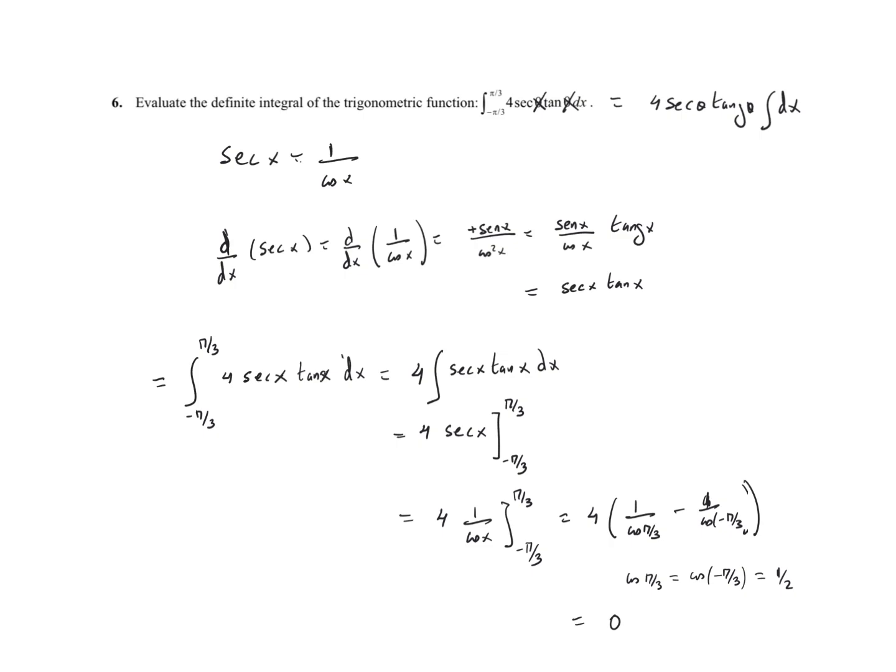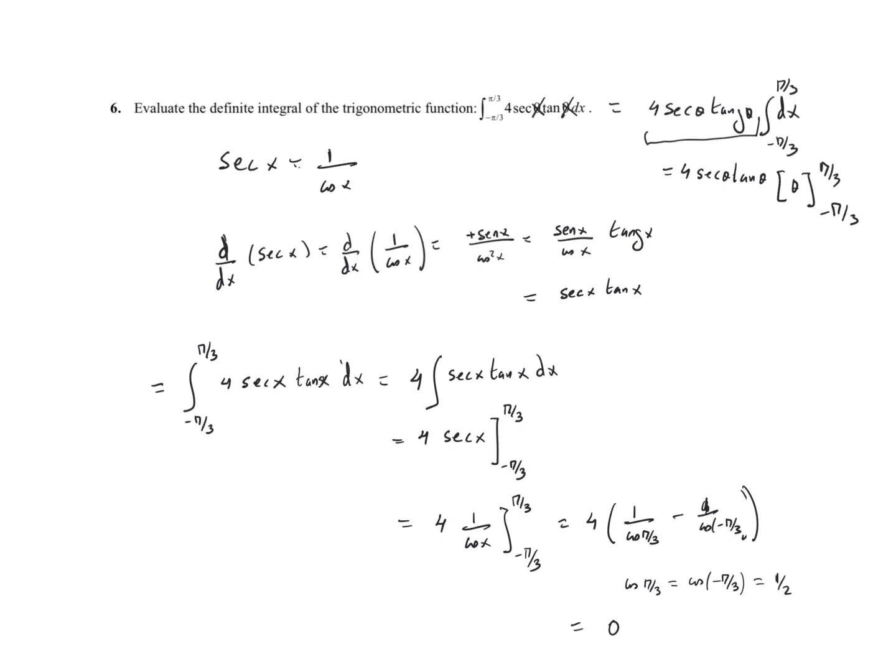If it were the one that was written, you can take out the secant theta and tangent theta for some theta, and the integral will be between minus pi divided by 3 and pi divided by 3, and the integral will be 4 times secant theta, tangent theta, and the integral of dx will be theta evaluated between pi divided by 3 and minus pi divided by 3.